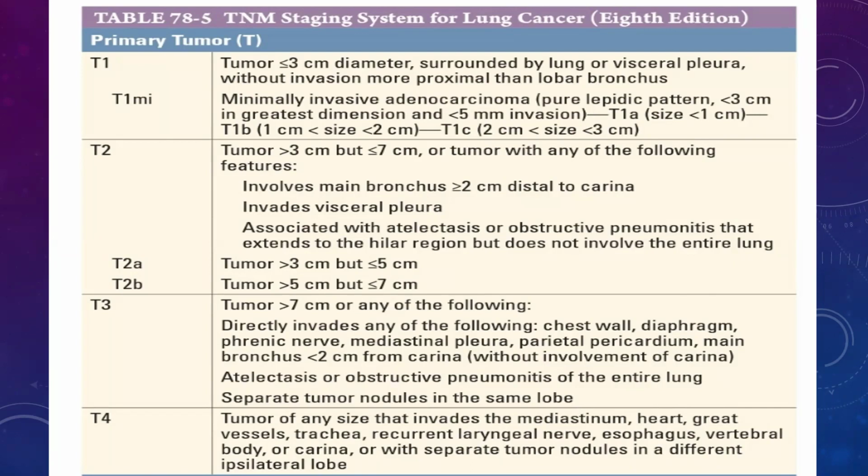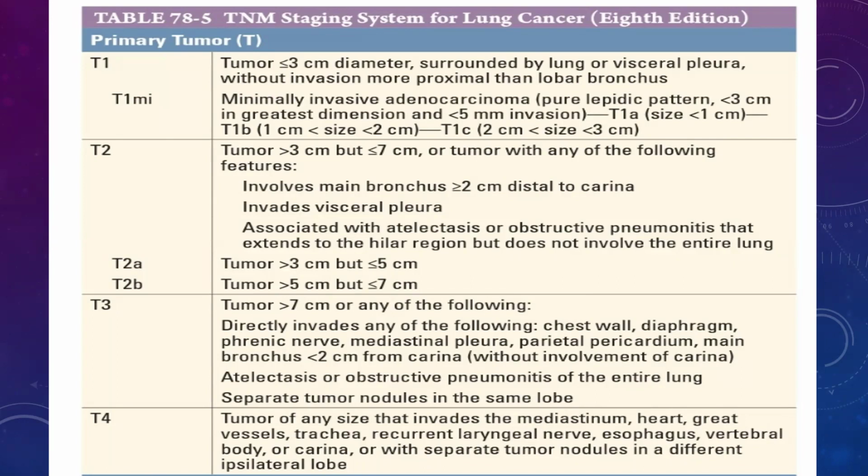And lastly, if you have a tumor of any size that invades certain critical structures, very important structures that are no longer operable, such as your mediastinum, your heart, great vessels, trachea, recurrent laryngeal nerve, esophagus, vertebral body, carina, or if you have a separate tumor nodule in a different ipsilateral lobe, those will fall under T4.